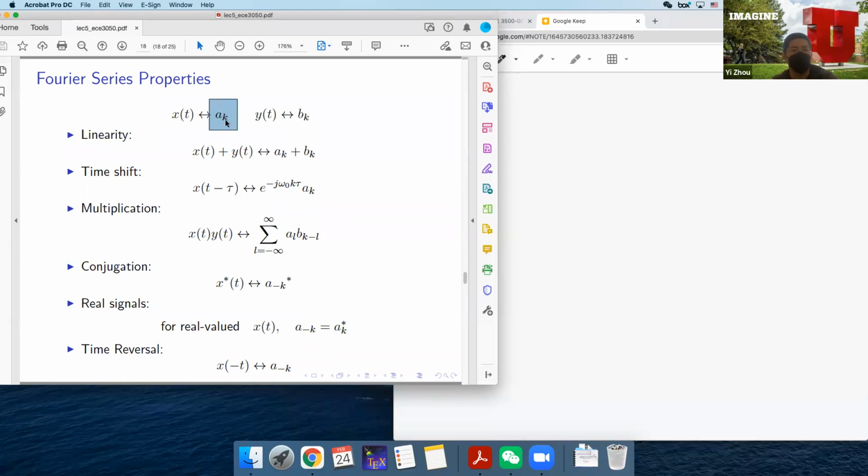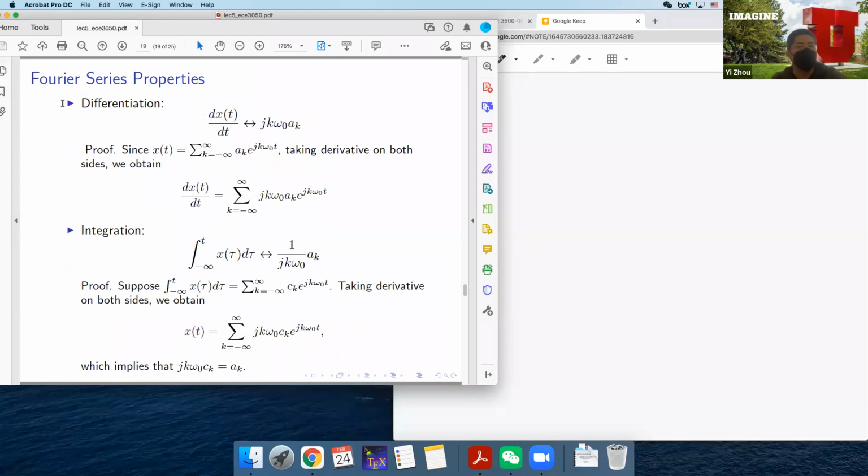So in that case, a_k equals a_{-k} conjugate, which means a_{-k} is the conjugate of a_k. So we have this conjugate symmetry. And if we do a time reversal on the signal, the corresponding spectrum will also be reversed. So this is also intuitive.